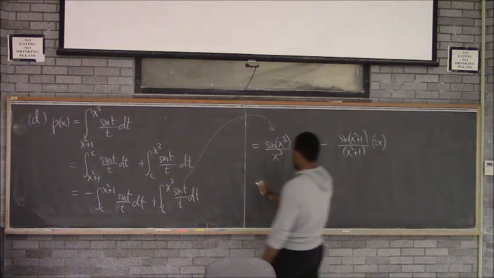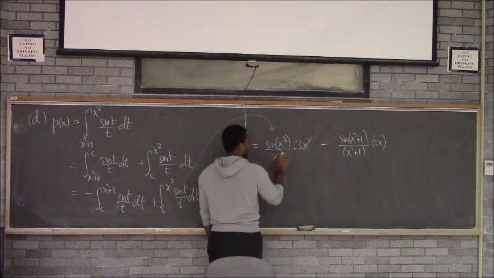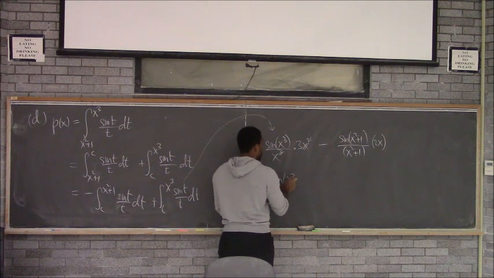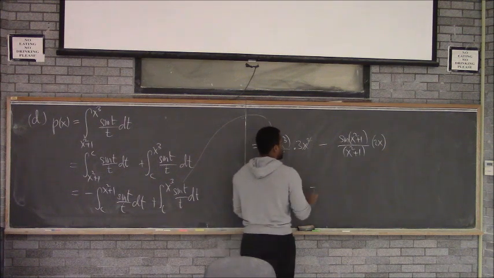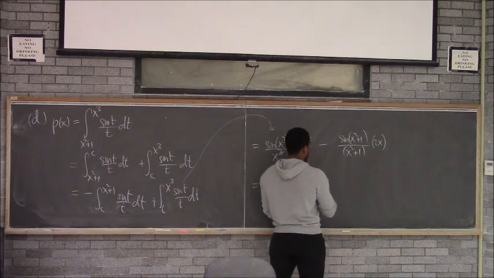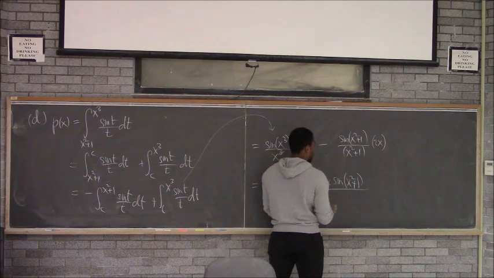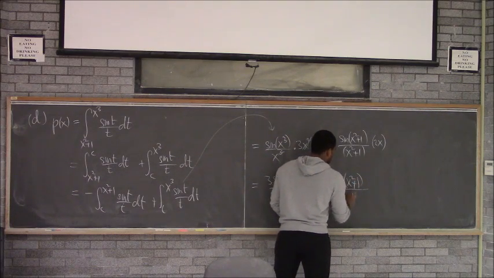So this can cancel to that. It's going to be 3 sine of x cubed over x minus 2x sine of x squared plus 1 over x squared plus 1.